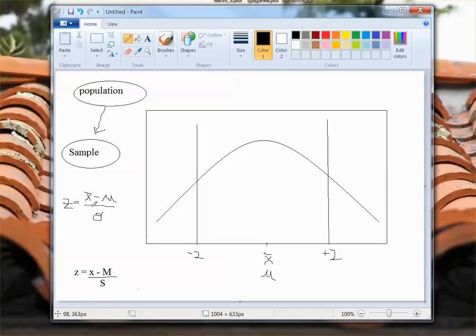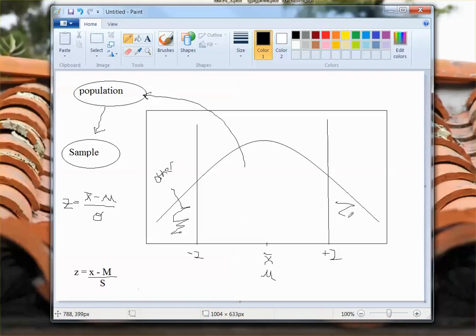So that formula would, in effect, create a z-score, and if the z-score is within 1.96, or plus or minus 2 standard deviations, we would say that it likely belongs to the population. If it falls out here in these tails, we would say that it likely belongs to some other population.